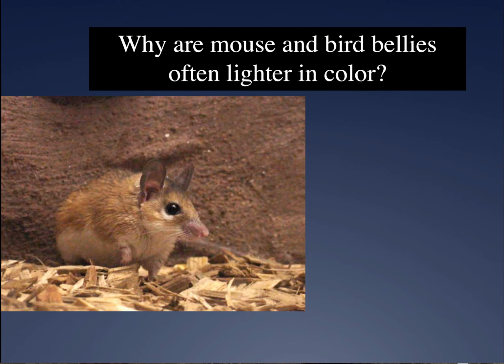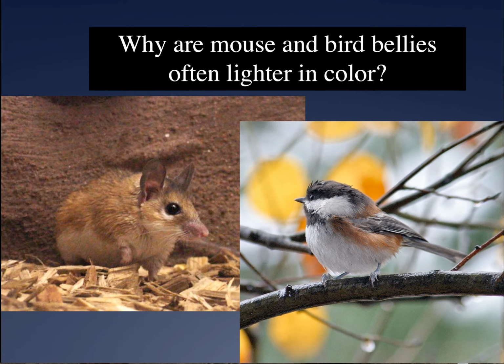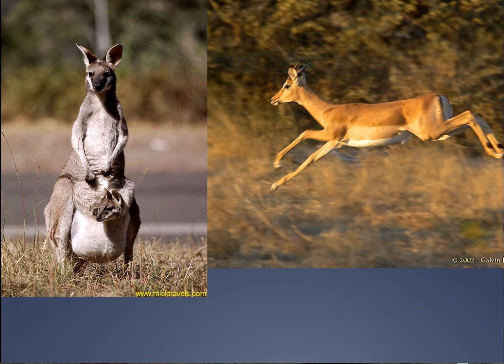Why are mouse bellies white and bird bellies white? Kangaroo bellies are white, snake bellies are white. We looked at earthworms, their bellies are lighter in color. Here, in this deer-like critter, which might be an impala, we even see different shades. So here we've got a side panel that's an intermediate color between the dark back and the light belly.